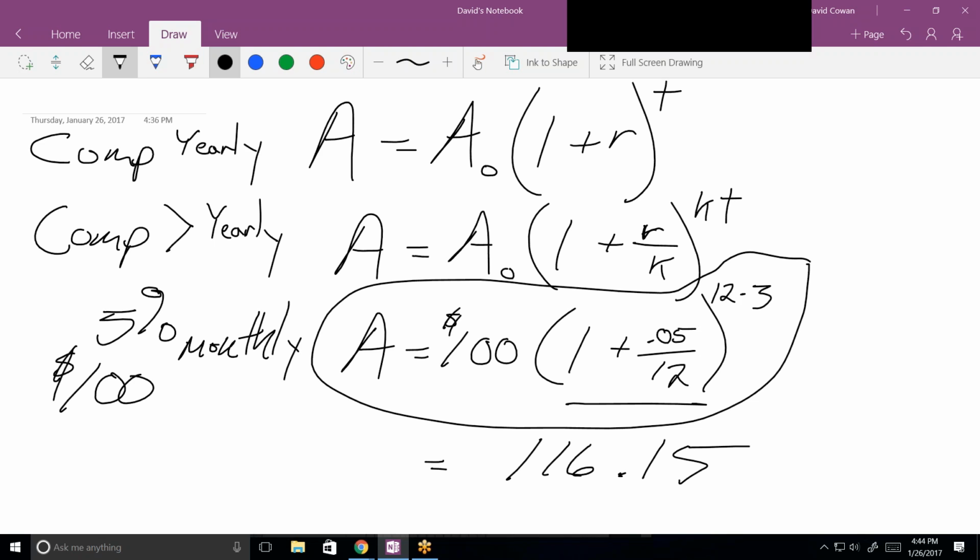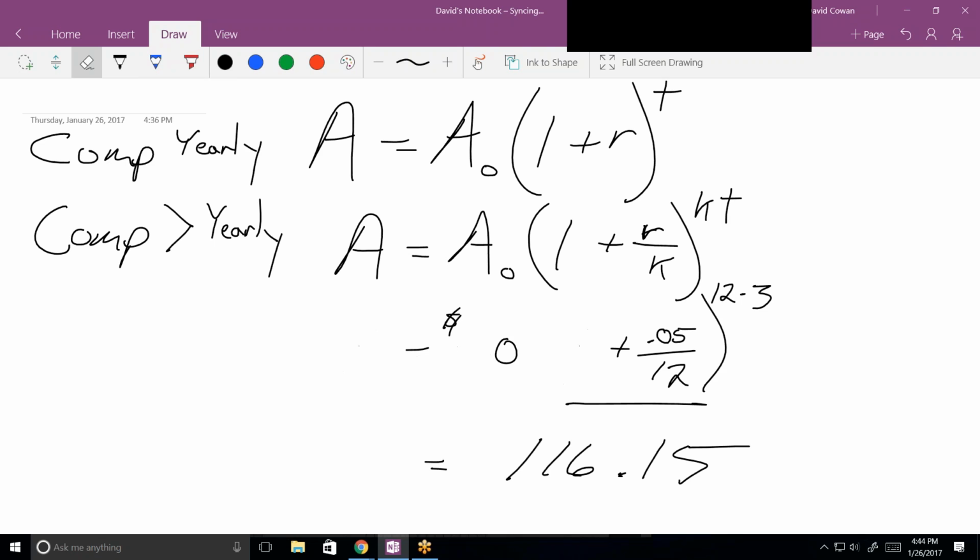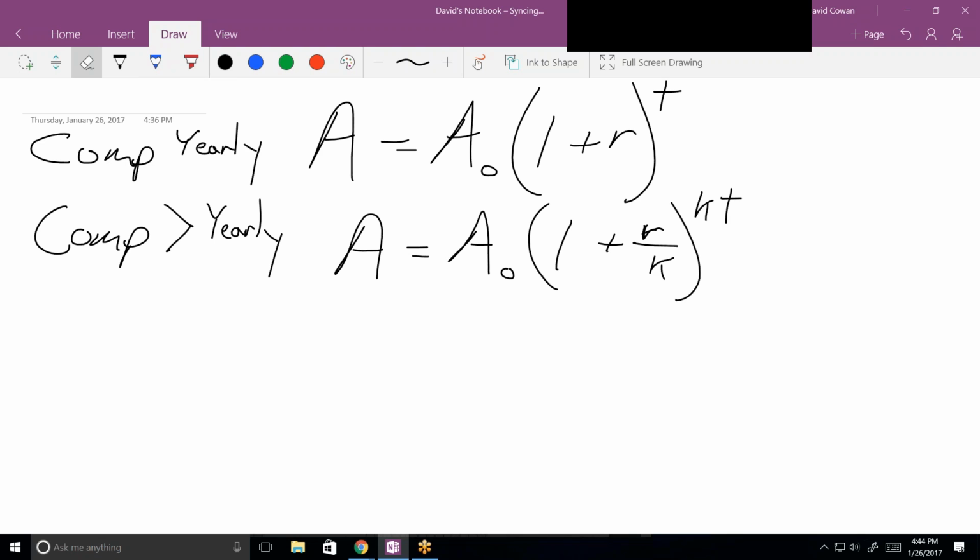So the more often that they compound it, the faster it actually grows. Okay? And then there's the third one, which is the way nature works, which is continuous compounding. In other words, the only things that are compounded yearly or monthly are bank accounts.